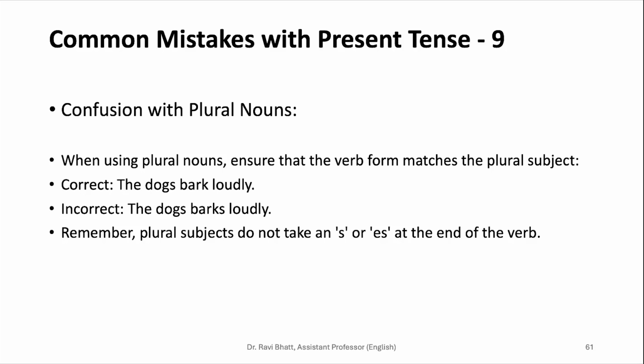Never ever confuse whether it's a plural noun or a singular noun. Remember, plural subjects do not take S or ES at the end of the verb. When I say the dogs, it will always be the base form of the verb, the verb as it is. However, if it is about a single dog, the verb will take S or ES.